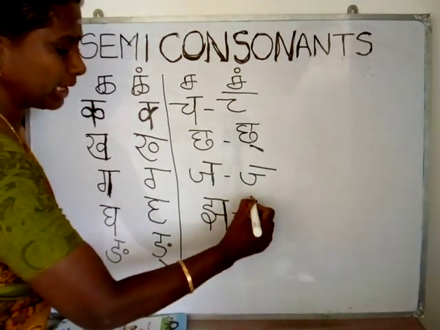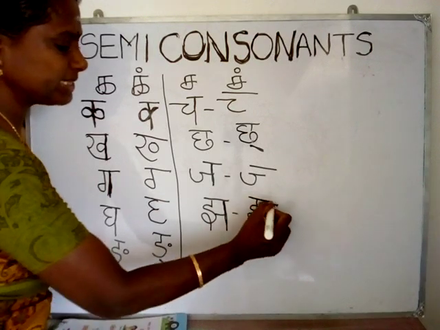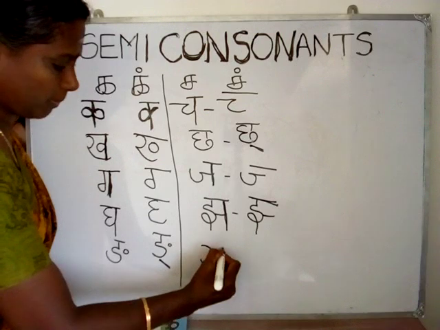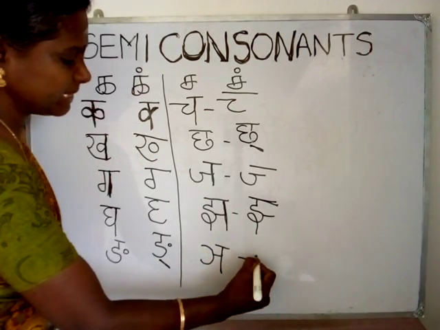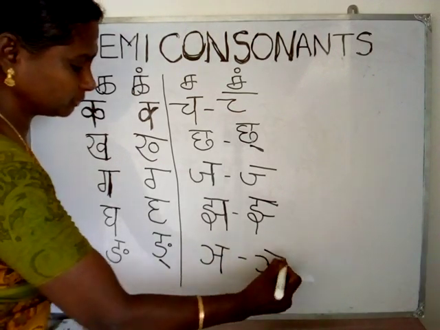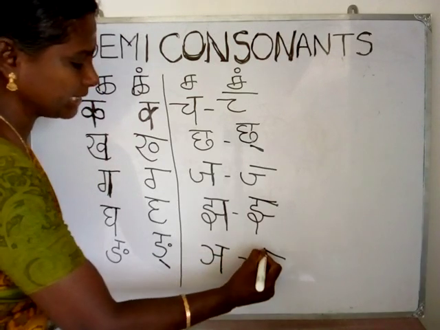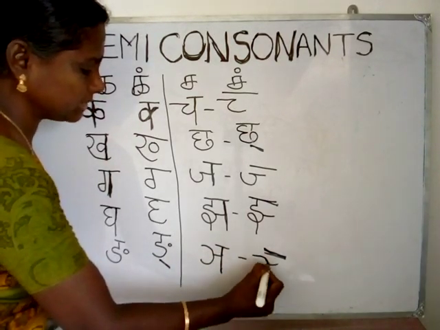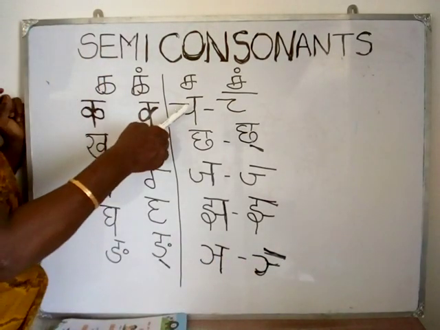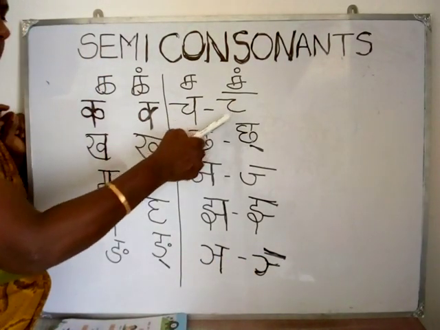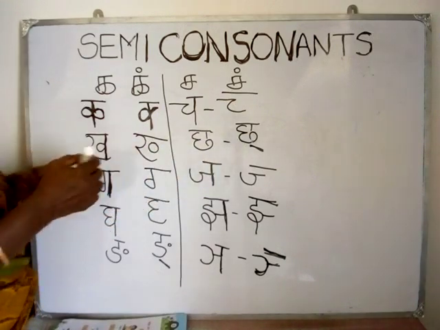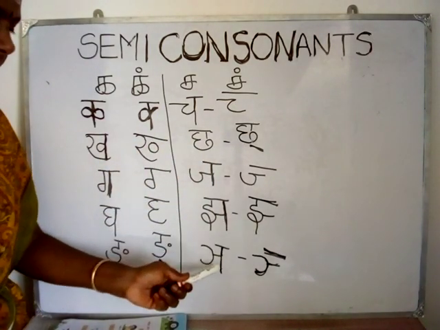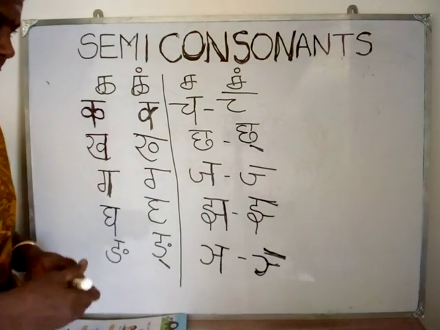If you remove that line, it becomes a semi-consonant. Ja, ij, nya. This is inj. You have to remove this line and you have to put a dot. Again I am telling, this is cha, ich, ja, ij, nya, inj.